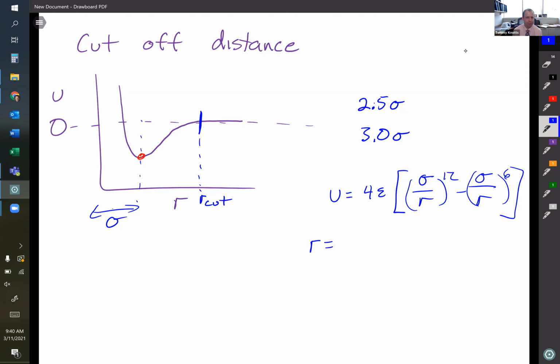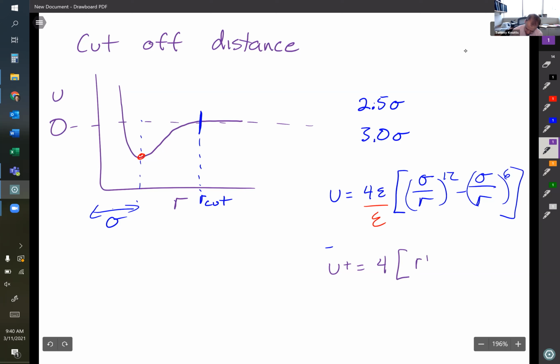Remember what we usually do is we make this dimensionless. So I divide by epsilon, and I can get something like U star or U plus is equal to 4 times R plus to the minus 12 minus R plus to the minus 6, because sigma over R is dimensionless.